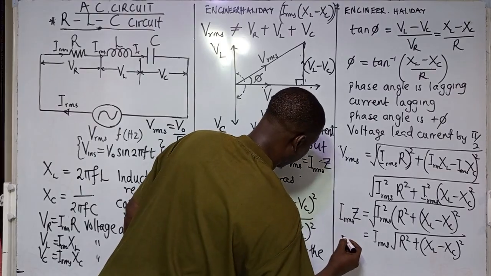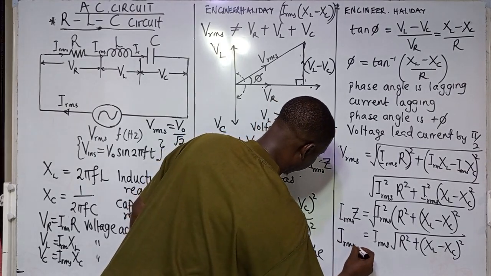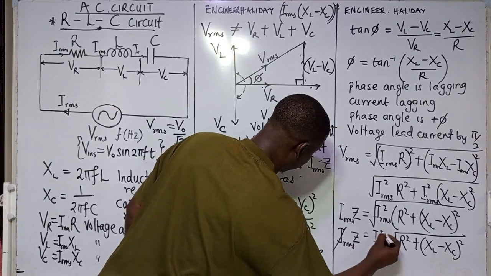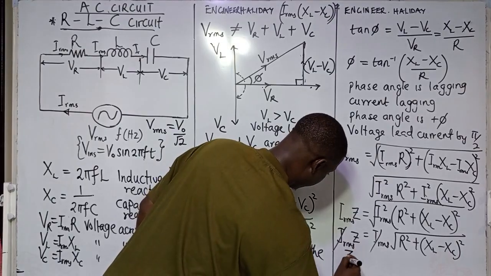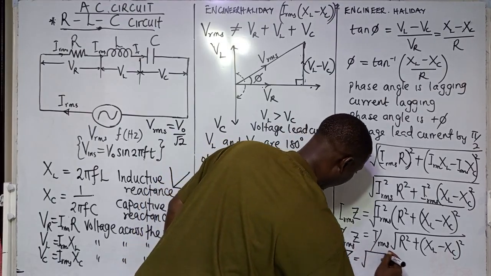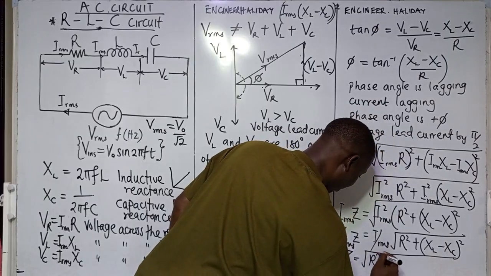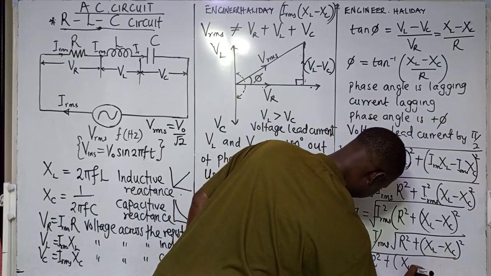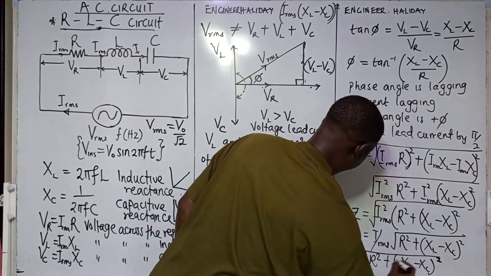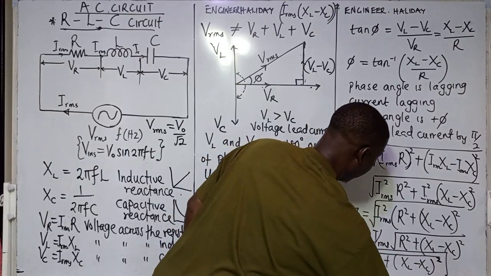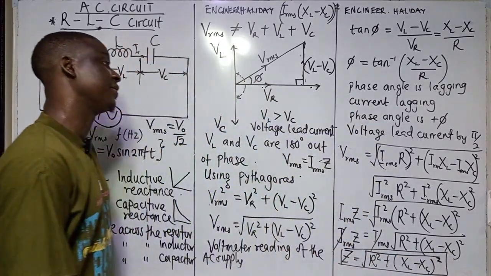So they can cancel out. So Z, this one will cancel out this. So Z, the impedance, will now be equal to the square root of R squared plus XL minus XC all squared. So this is the formula for impedance.